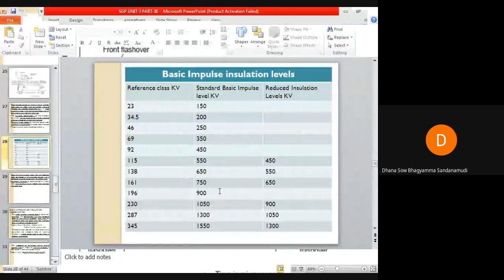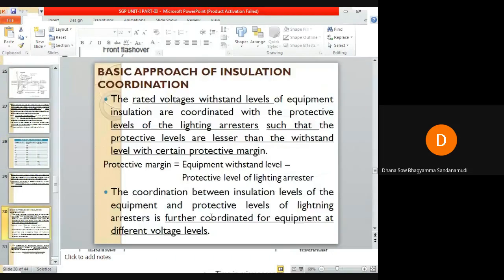Based on the rating, the standard impulse insulation levels are followed to provide proper insulation to the equipment. After that, it is tested. If it passes the test, then only it is brought into practice, means it is utilized.